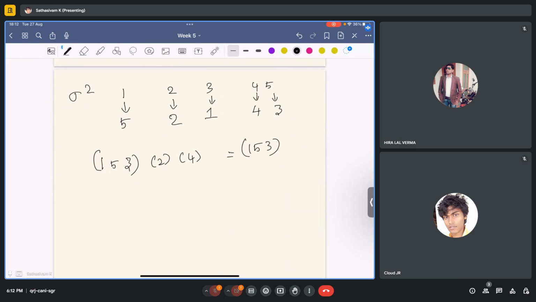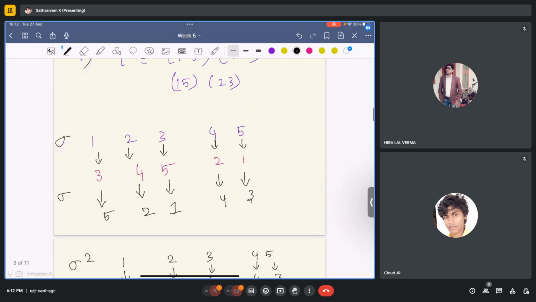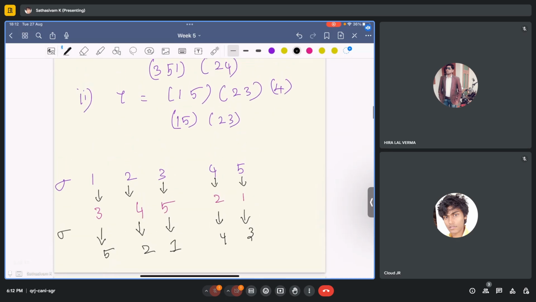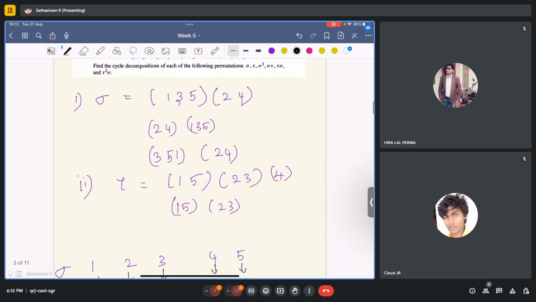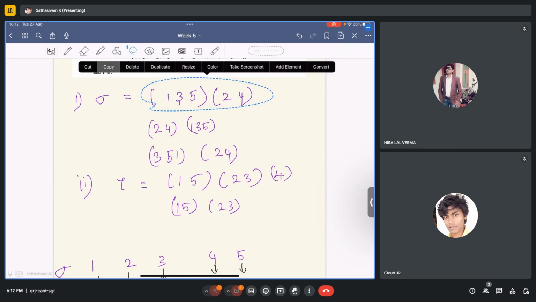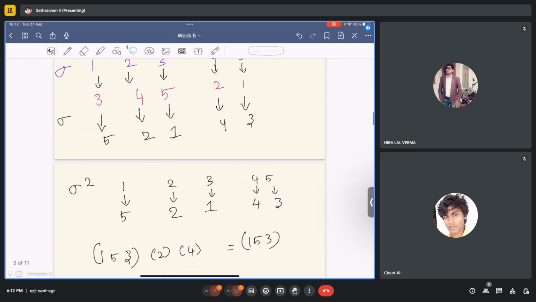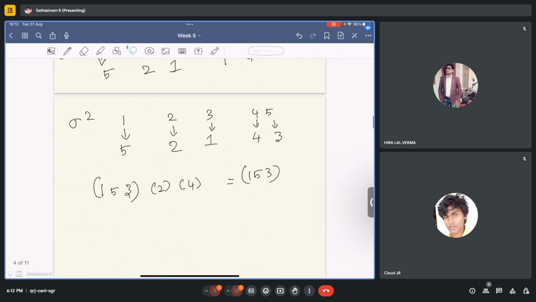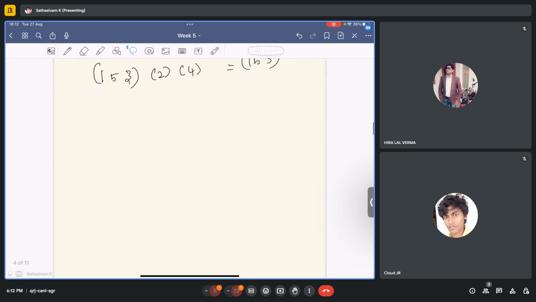But this is a little bit hard. The advantage of writing it as a cyclic decomposition is that you can compute directly from here. So let's do it that way also. This is one way: you just write it down and compute. Now let's try to compute it using the cyclic decomposition. So this is the sigma, right?